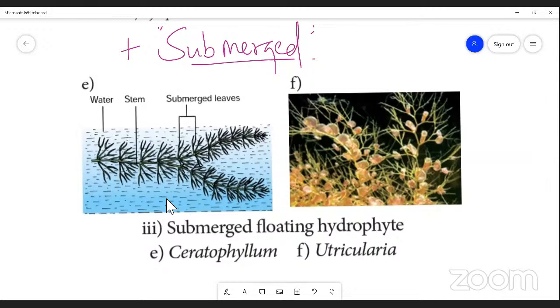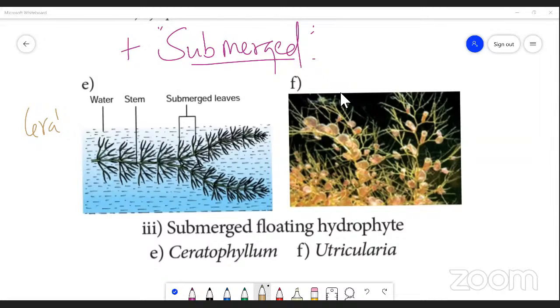Students, please cooperate. Don't make unnecessary noise. Okay, this is a Ceratophyllum. It grows submerged in the water body, even though it is not fixed in mud or soil.